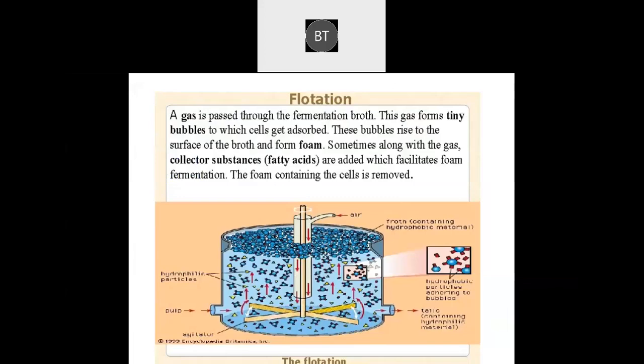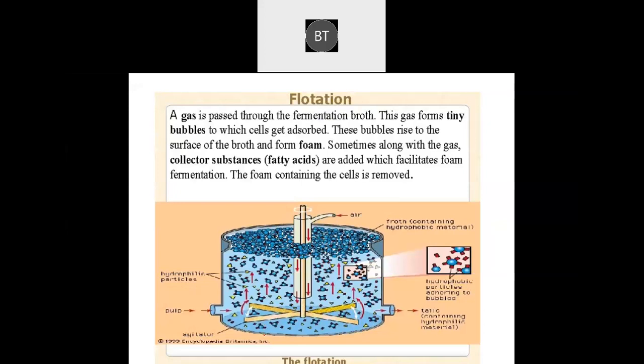The next step we are going to speak about is flotation. Now you can see the picture here. What happens in flotation is that when a gas is introduced into the liquid broth, it forms bubbles. The cells and the solid particles get adsorbed on the gas bubbles.